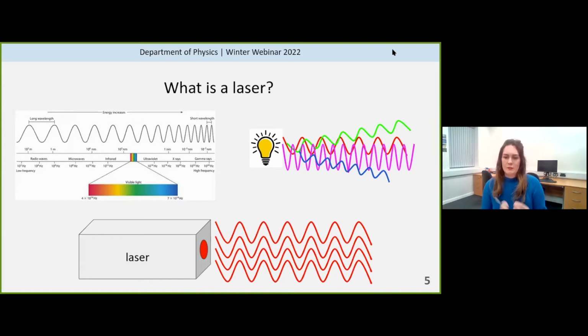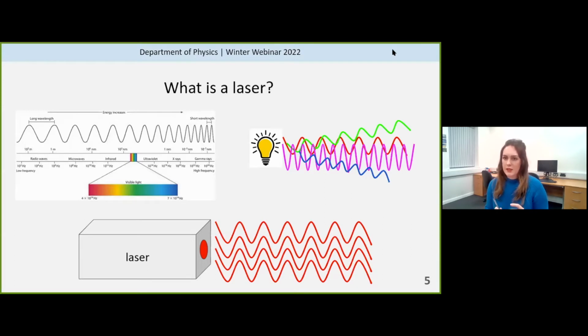So we know that light travels as a wave, an electromagnetic wave, and this wave has associated with it a wavelength, which defines how short all these peaks and troughs are. If you have a light source from, say, a white light or a torch or a light bulb, you will emit light with lots of different wavelengths.